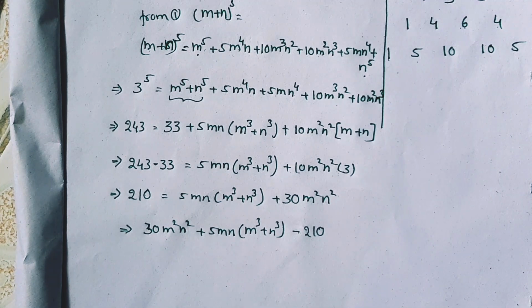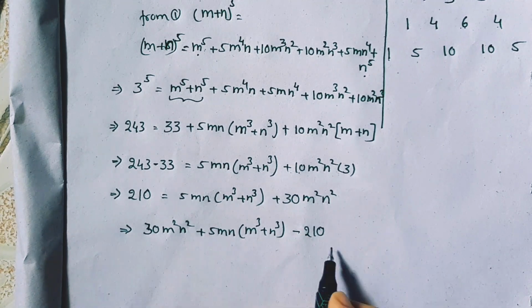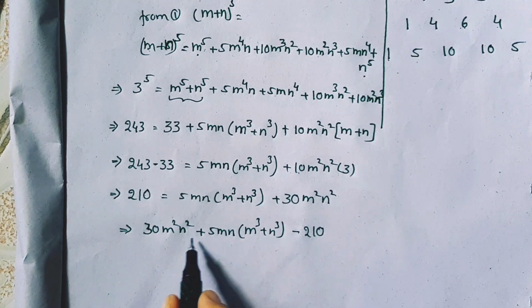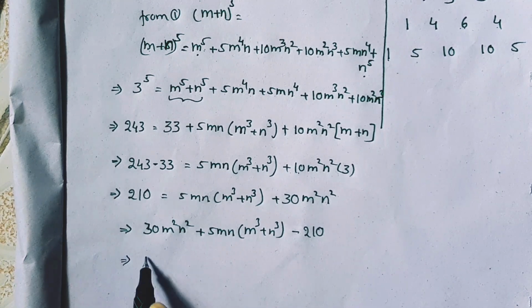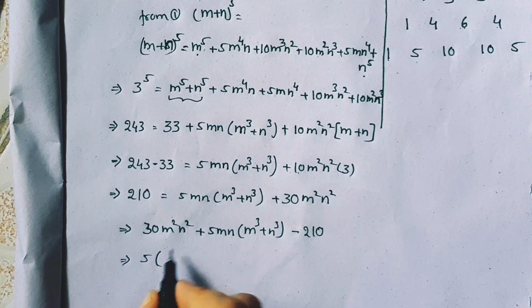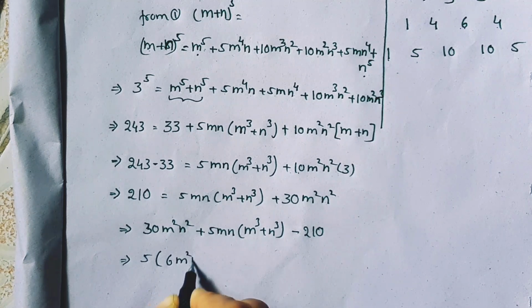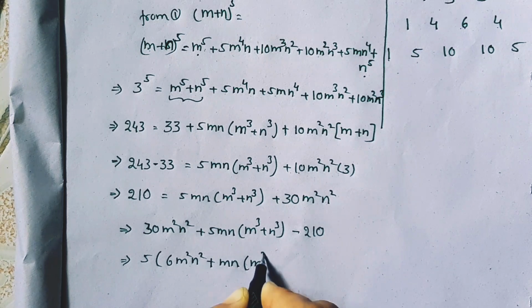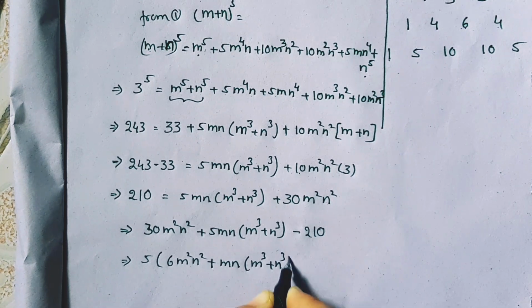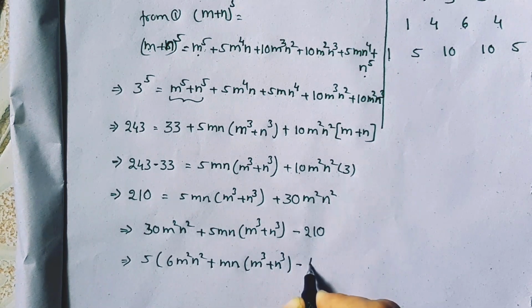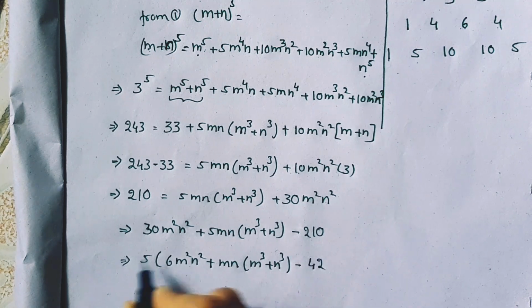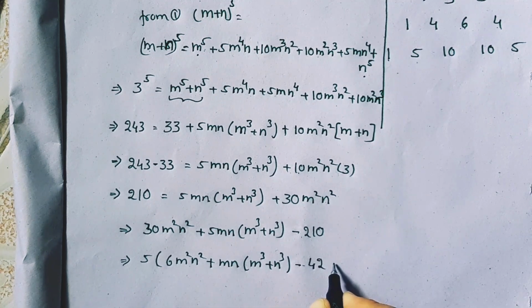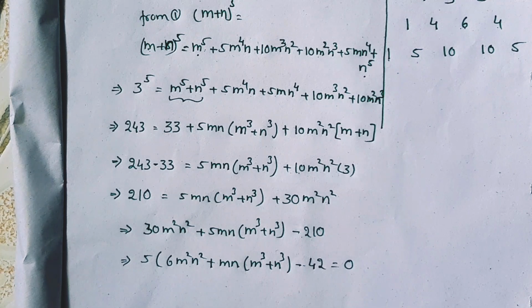Look. Okay, just look at this step. Here 5 will take as common. Okay, so 5 of 6 m square n square plus mn of m cube plus n cube minus 42. 5 4 20, 5 2 10 equal to 0.